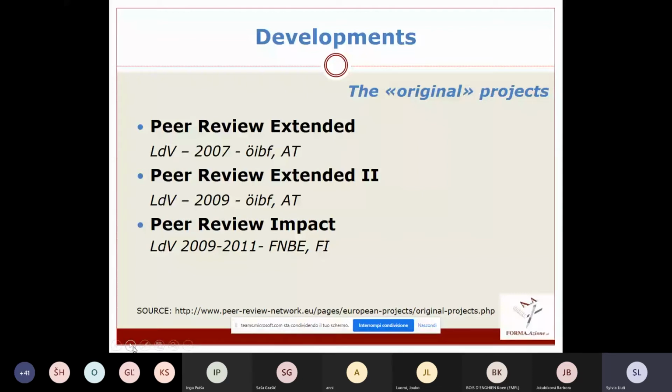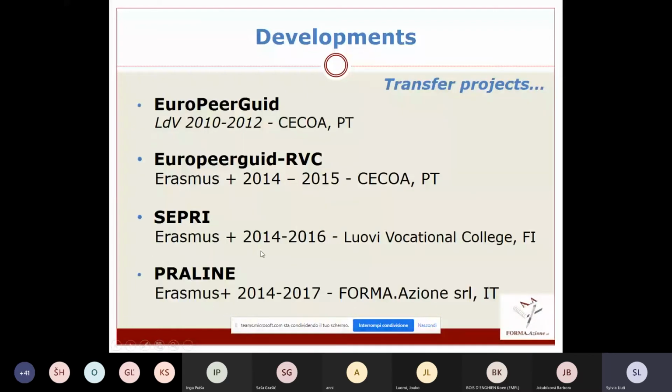And then there are more related to, let's say, the developments of peer reviews. So mainly there was transfer of innovation at the time of the Leonardo da Vinci project, but then transfer projects, and there are some dots there because I think that we are not fully aware of how many different projects focusing on peer review have been developed around Europe.